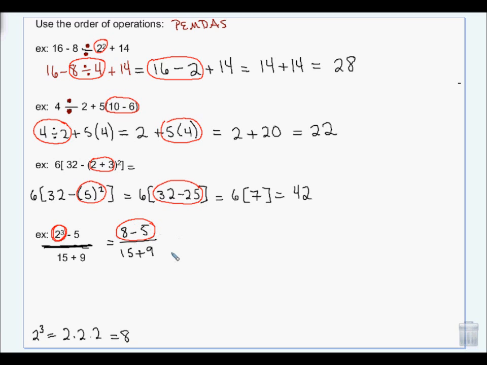Now you can do this in 2 steps, or you can do this in 1 step. If you do it in 2 steps, you're going to take the 8 minus 5 and you'll do 3. And then you can do the 15 plus 9, and you'll get 24.